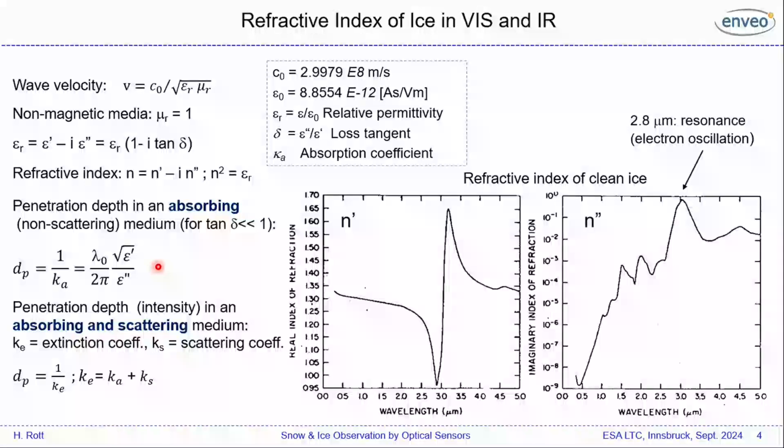In ice, for example, you can get quite significant penetration, but even in glacier ice scattering is quite efficient. So penetration is not an issue you would use remote sensing for studying, and this equation with only absorption is not useful because scattering losses are more important.